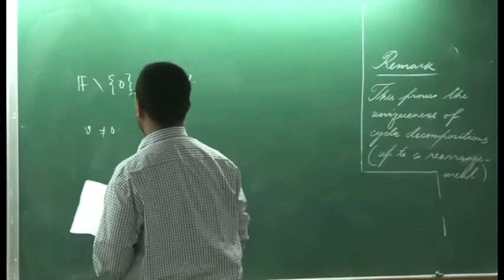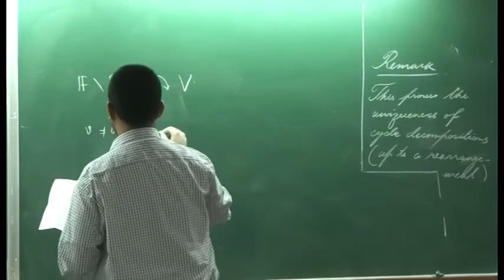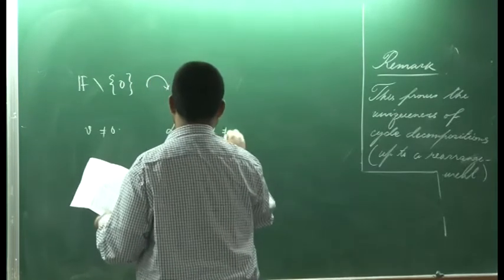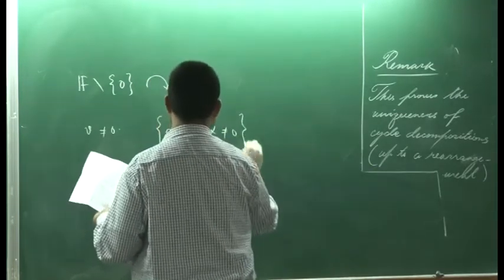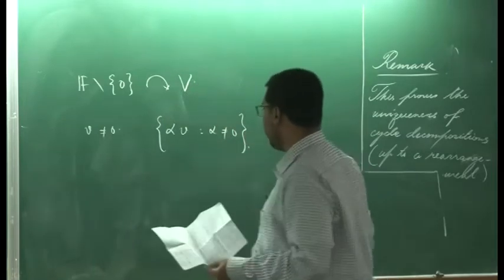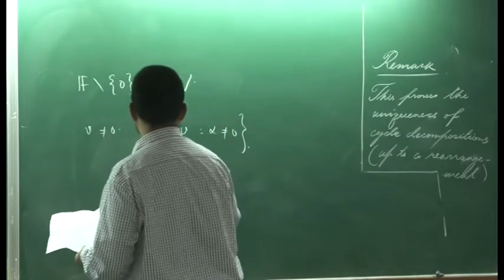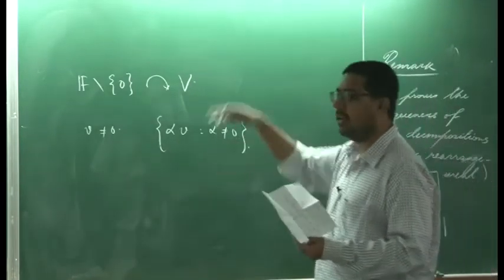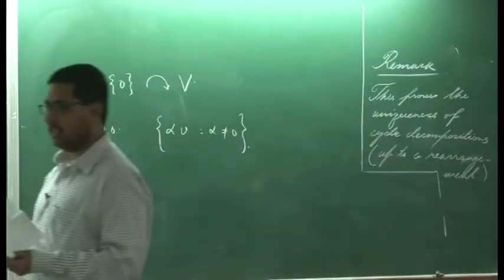the orbits are alpha V, where alpha is not equal to 0. Therefore, this is basically the whole line, the one-dimensional subspace generated by V, punctured at the origin.